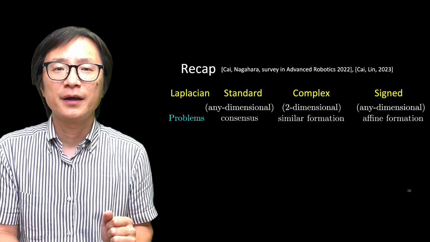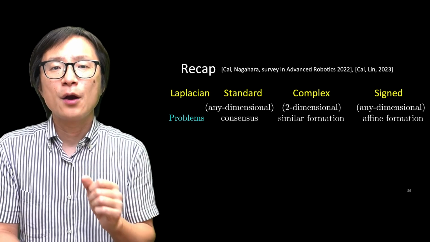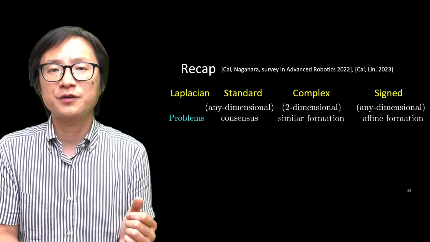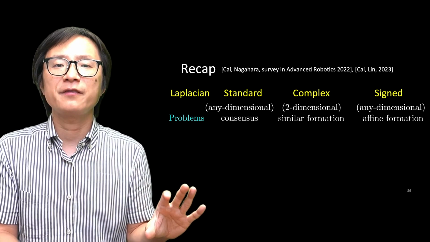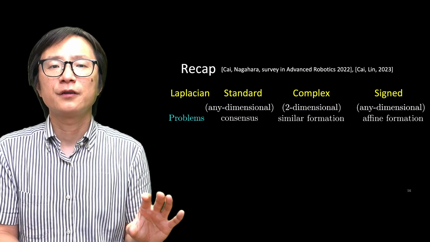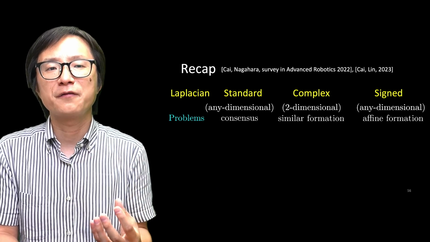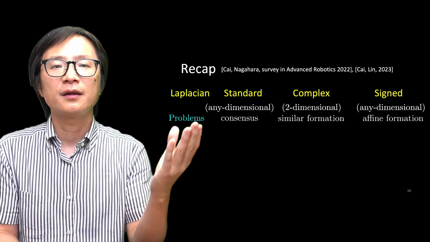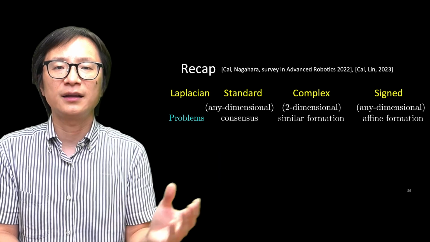Now let's recap. In this 3-part talk, we have introduced 3 different types of graph Laplacian matrices. They have the same definition, but their difference comes from the nature of the entries. There is the standard Laplacian, the complex Laplacian, and the signed Laplacian.